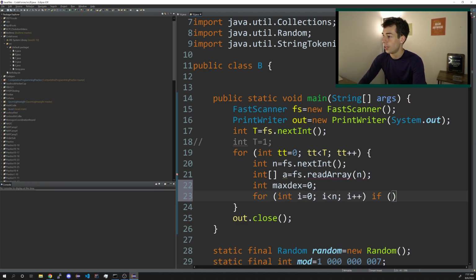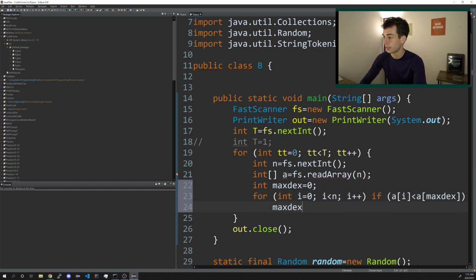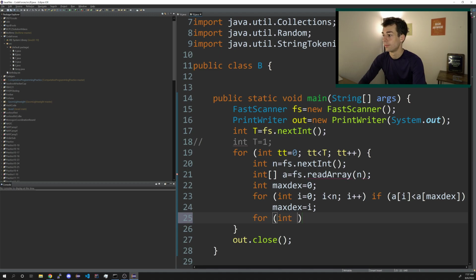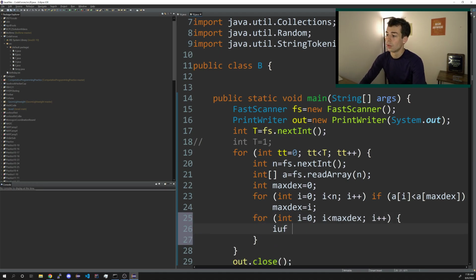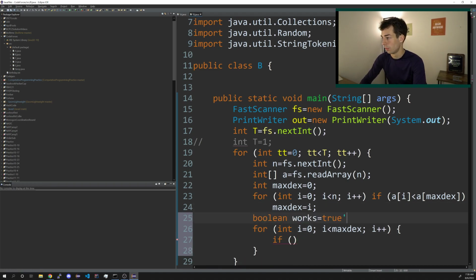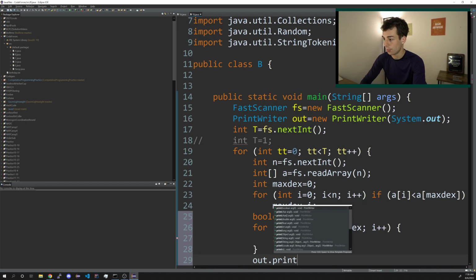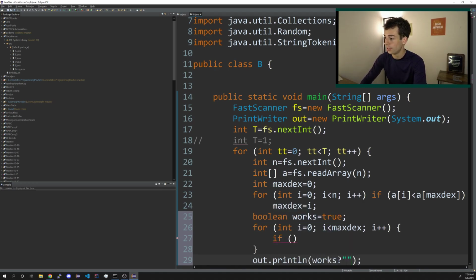So max, or if A at I is greater than A at max dex, then max dex equals I. So initially we'll say it works, and then print line, if it works, then print yes, otherwise print no.